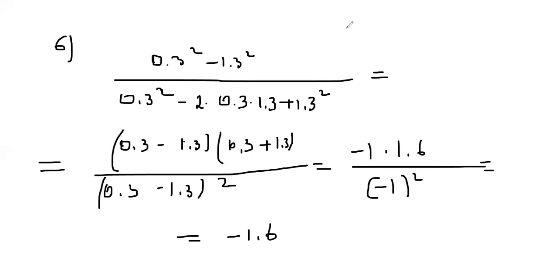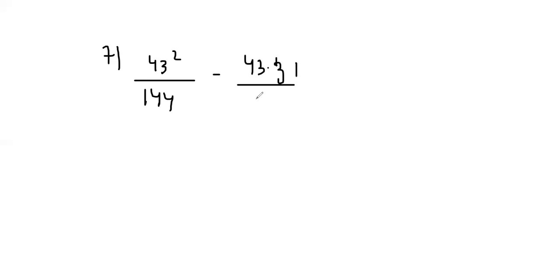The next one is number 7, which is also of interest. It's 43 squared divided by 144, minus 43 times 31 divided by 72, plus 31 squared divided by 144. We can see that the common denominator here is 144.